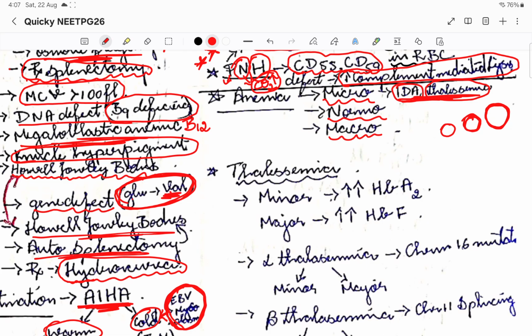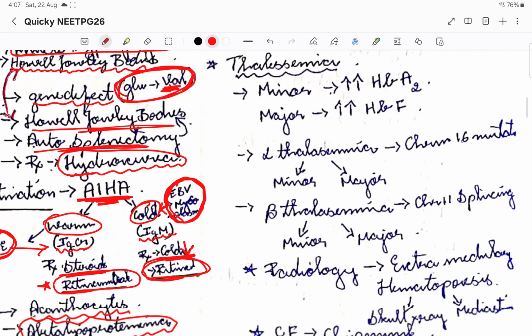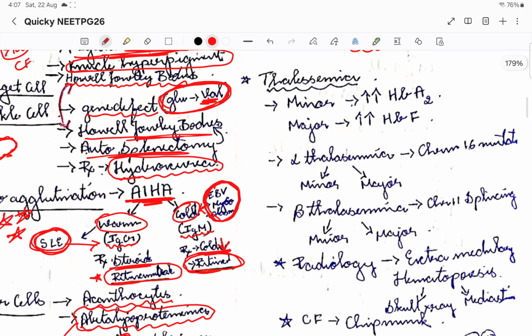Okay, so from final year also you got to know. But thalassemia we have not studied much, so let me tell you about thalassemia here. Iron deficiency anemia, you know everything about it, the lab values also you will be knowing, so I'm not discussing it here. Let us go into thalassemia without wasting any time.